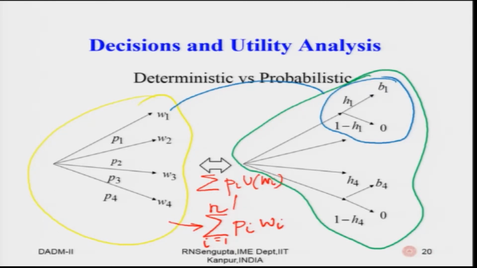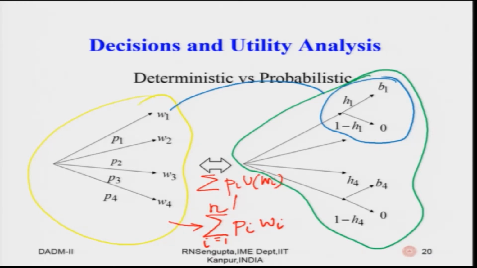Now, the fact remains that if W1 is by itself a utility, then you will basically find out what the utility function is and use that utility function to convert B1 into its corresponding utility and 0 into its corresponding utility.